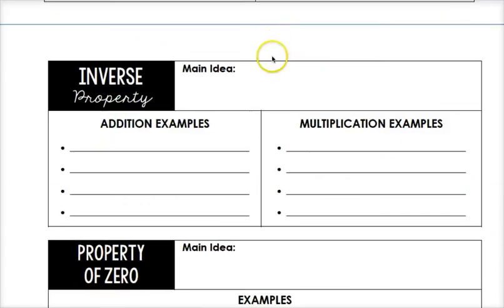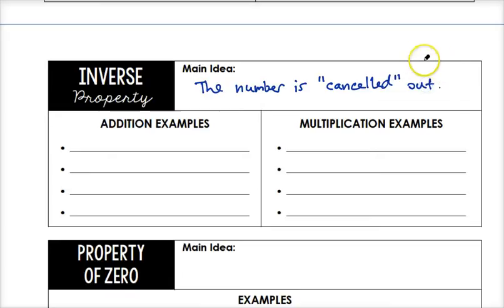The inverse property, it's sort of the opposite of the identity property. The inverse property is where the original number is canceled out. And so the way that works with addition is if I take 10 and I want to cancel out 10, then I need to add to it a negative 10.